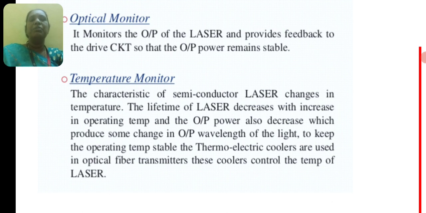The lifetime of the laser decreases with an increase in operating temperature, and the output power also decreases, which produces some change in the output wavelength of the light. So in order to keep the operating temperature stable, thermoelectric coolers are used in optical fiber transmitters, and these coolers control the temperature of the light source laser.